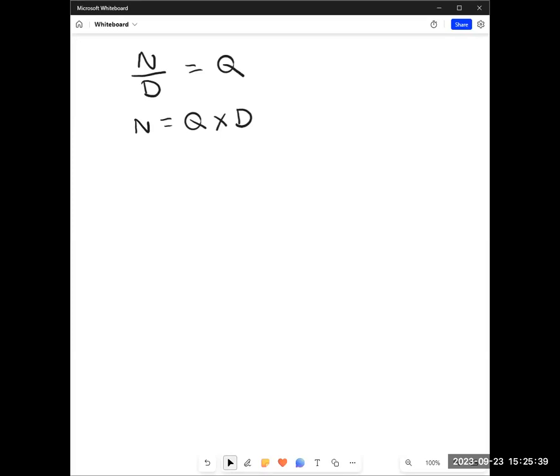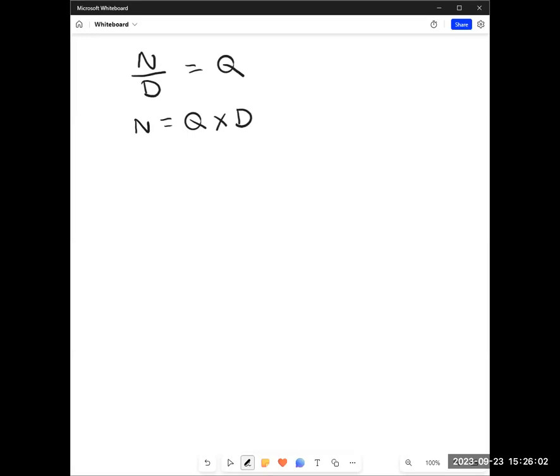So we don't need to worry a whole lot about the word divides that I just said. If I have no remainder, then there's a whole number Q that when I multiply it times this number that's in the denominator, D, then I get the number that's in the numerator, N, of the fraction.